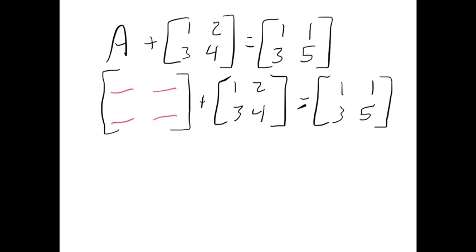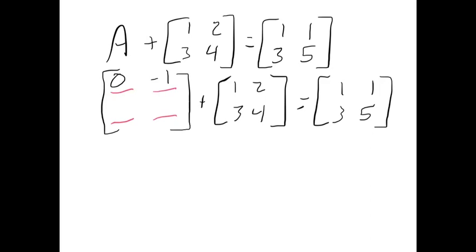And instead of going through and writing out 4 separate equations to deal with 4 separate variables here, each of the variables representing one of the elements of the matrix, I'm just going to do it the quick way and think, what plus 1 equals 1? Well, 0. What plus 2 equals 1?